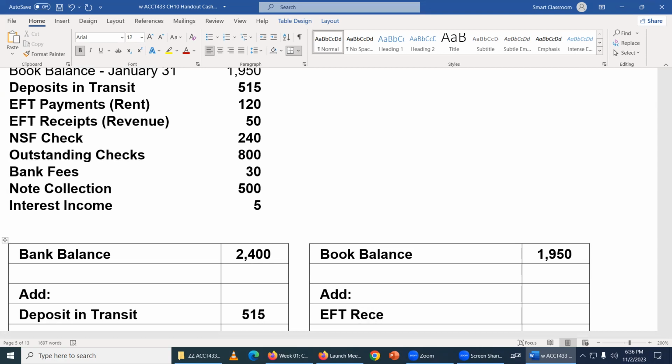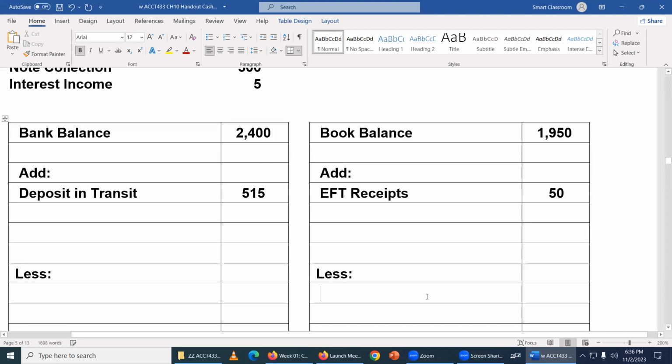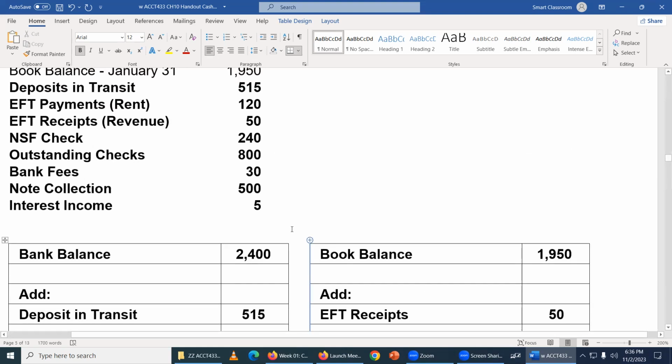Okay, so looks like we got receipts of $50. And again, there's no check for that. And EFT payments were 120.